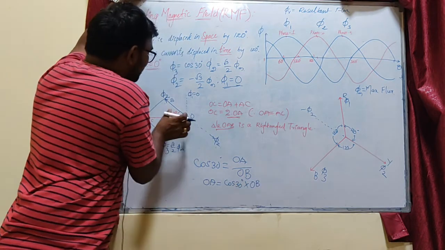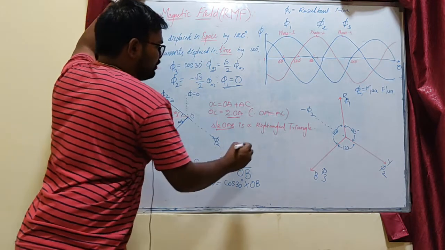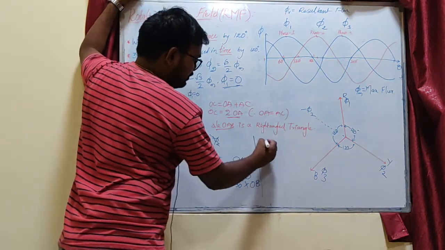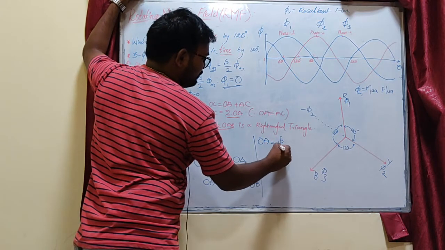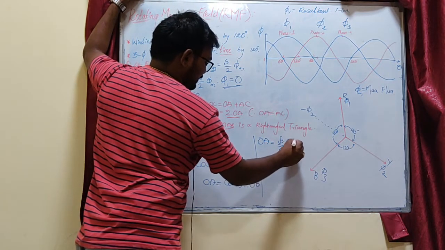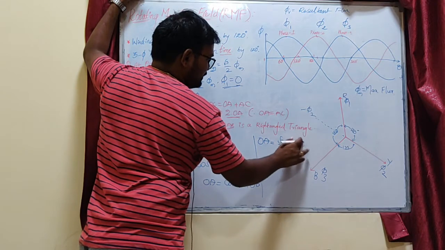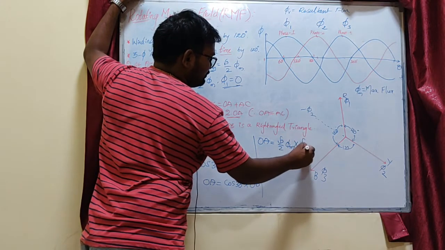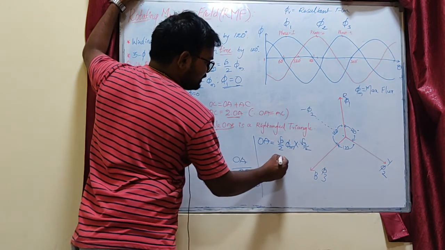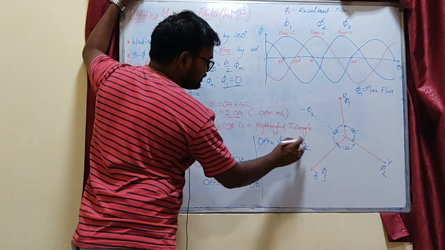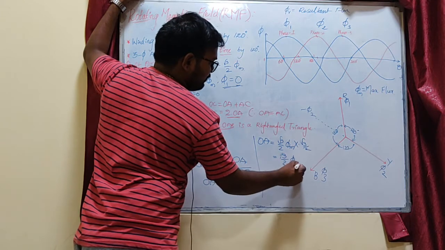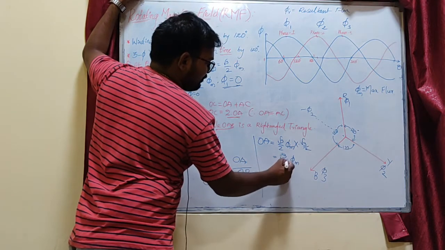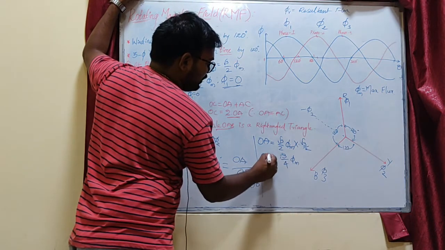The value of OB is root 3 by 2 pi m. So, OA will be root 3 by 2 pi m into cos 30, that is root 3 by 2. So, root 3 into root 3 will be 3, so 3 by 4 pi m, which is the OA value.